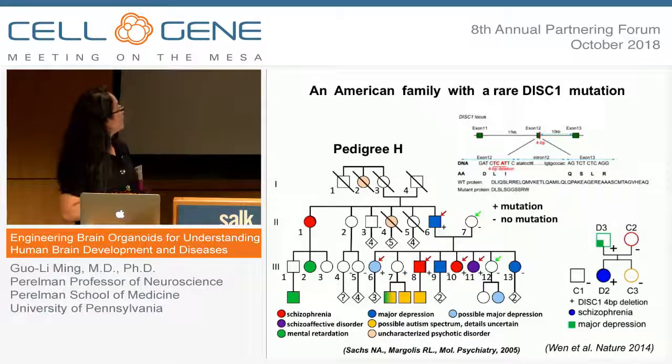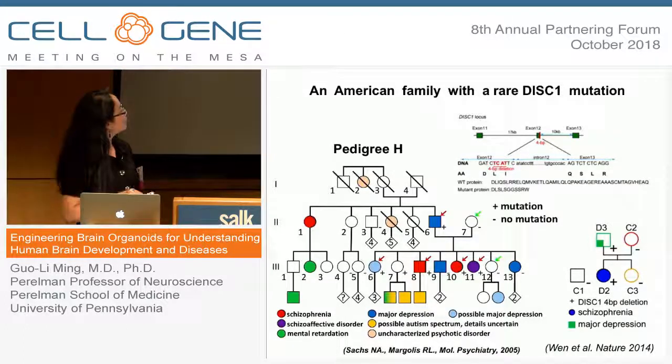This family, pedigree H, is an American family. In this family, many members have the mutation, which is a 4 base pair deletion at the end of exon 12. That's a frame shift mutation that causes early truncation of the protein in the DISC1 gene. We have generated iPSCs from four members of this pedigree.